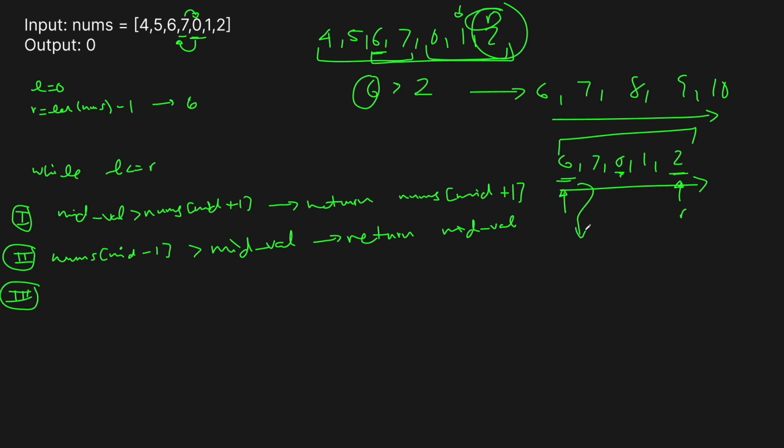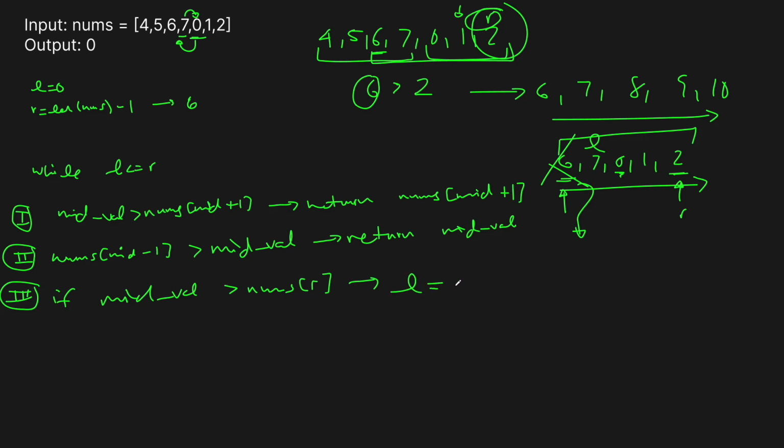So in this case, if our midpoint value is greater than nums of right, then we want to move our left pointer to be mid plus 1. We already know that 6 isn't the minimum, so we're going to chop it out and set our left to be this 7, and continue our search.